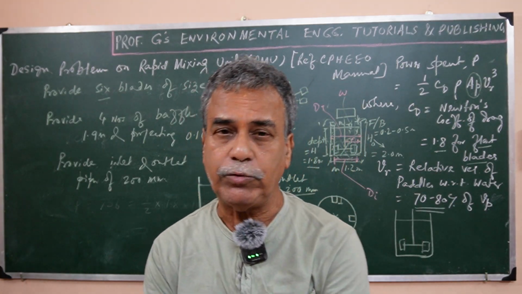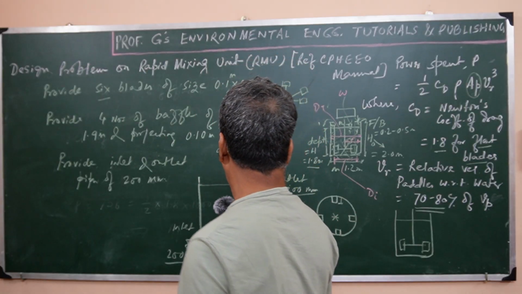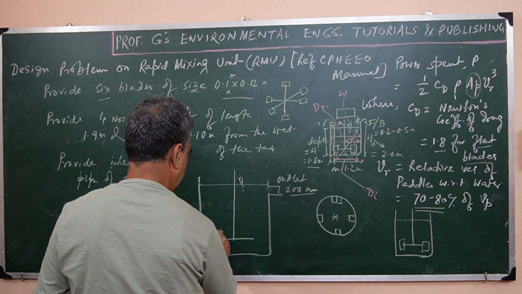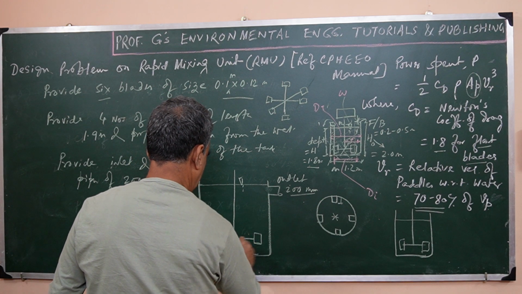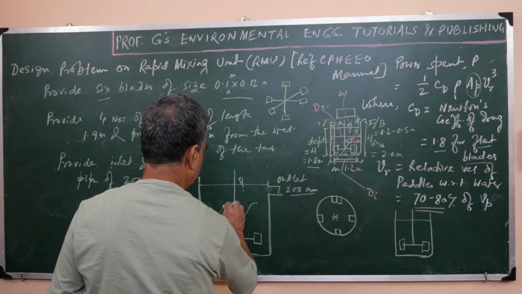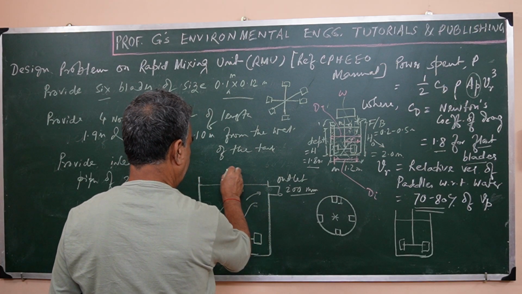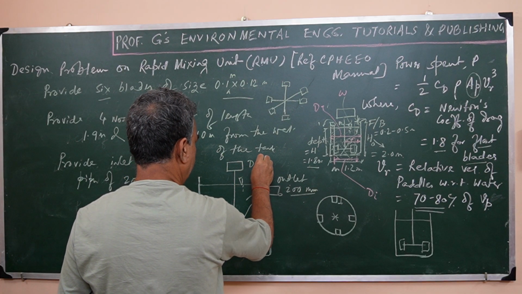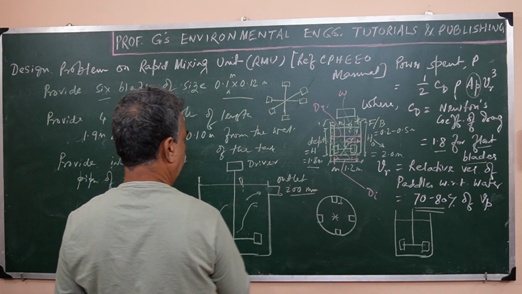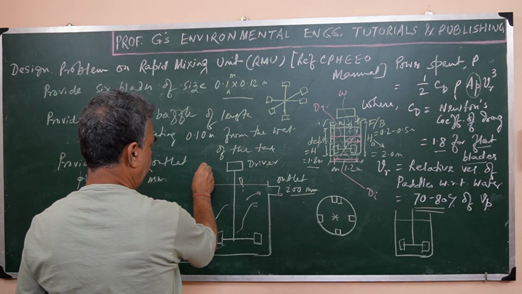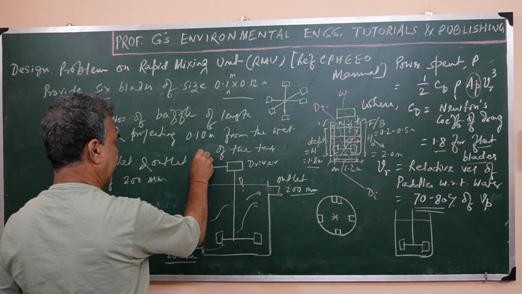But here we have straightway taken this, and there is churning here, right? So when the water goes this way, it will move, and this is connected to a driver which drives the motor, taking the power from the main line, right?